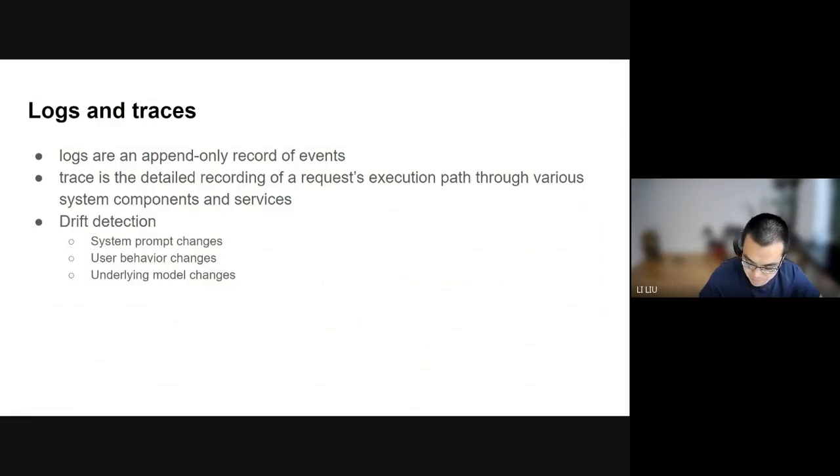Otherwise, if OpenAI releases a new model and you just update the model name in your code without any versioning, it could be possible that the newer version of the model would have worse responses than before.